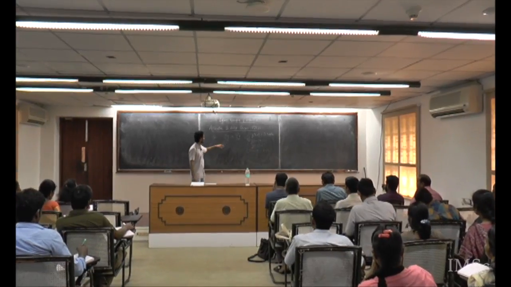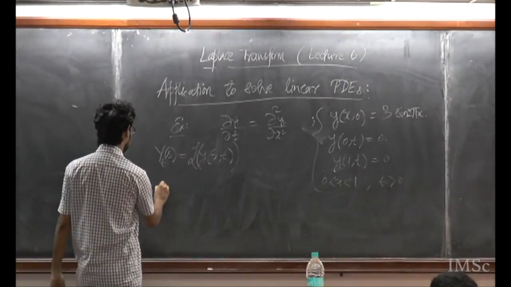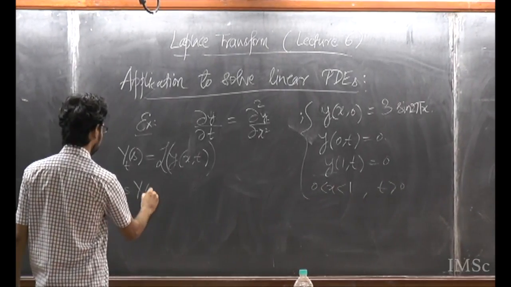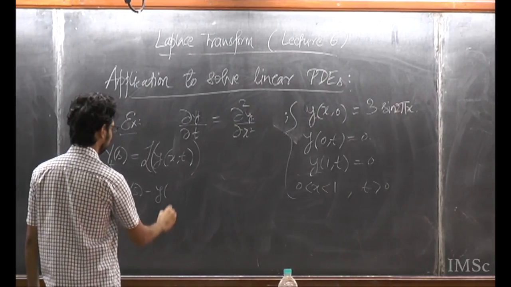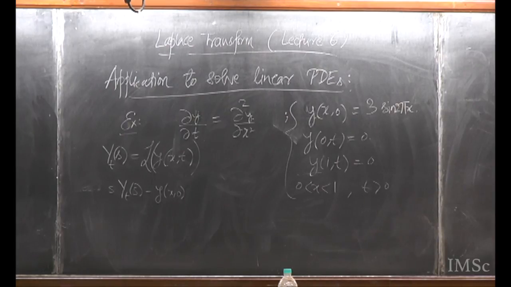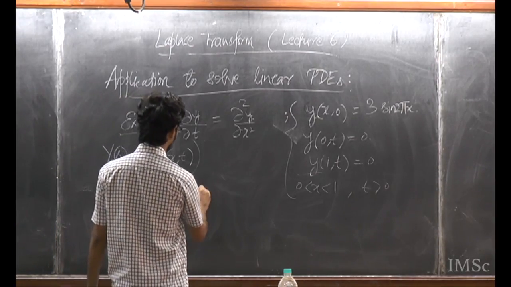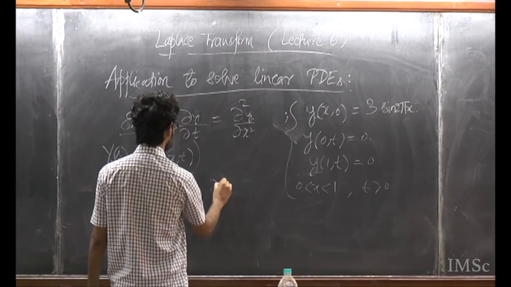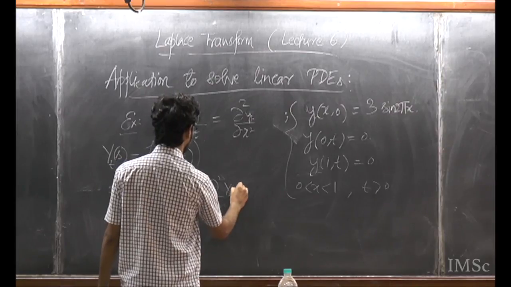So first one is just the derivative. So s Y(x,s) minus y(x,0), isn't it? Right? And then what is this? This is just d2 over dx2 of Y(x,s).